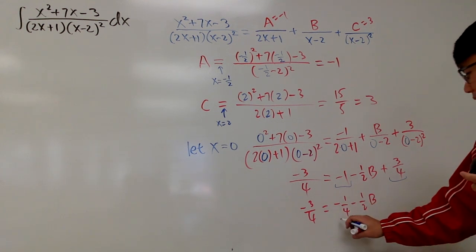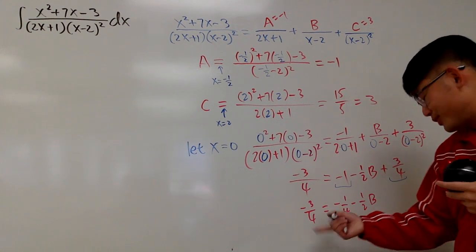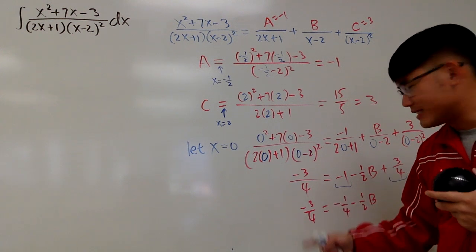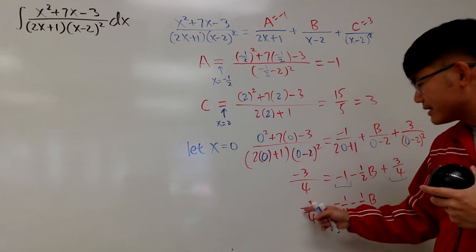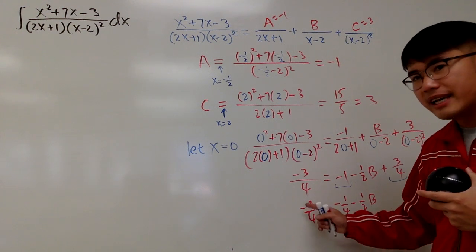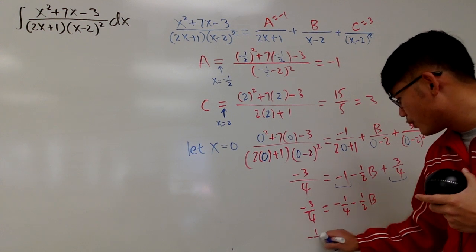And then let's just add this on both sides. Just do the algebra, seriously. You add 1 over 4 on both sides. -1 over 4 plus -3 over 4 plus 1 over 4 is -2 over 4, which is -1/2.